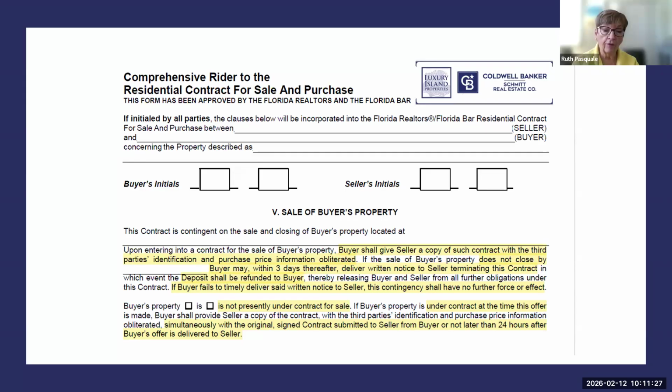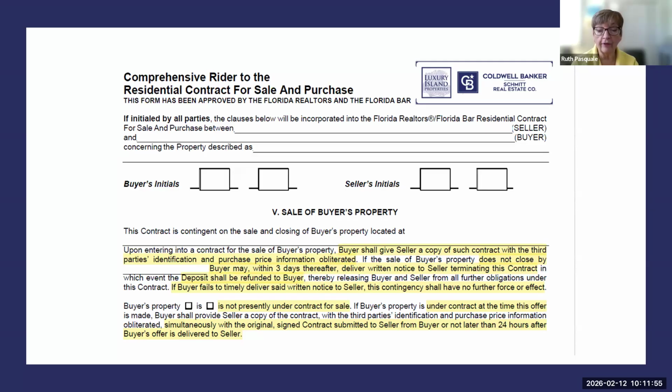Would you ask the question, well, is it at least listed? And if the answer is it's not under contract, but it's listed, would you want proof that it was listed? Yes, and I'd kind of look at the market to see if it was listed well. Right. Price. Yeah. So you've got it is or it is not under contract.